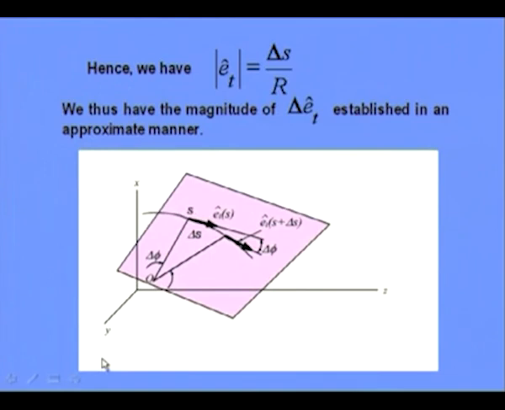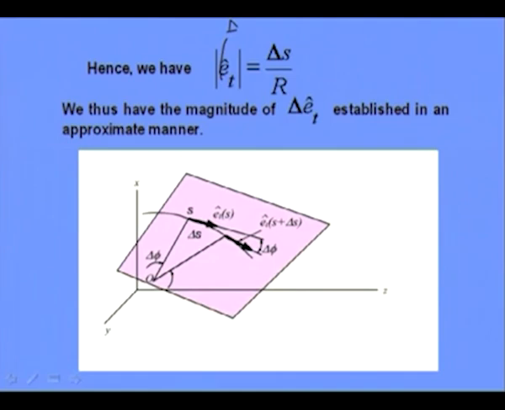We thus have the magnitude of delta ET established in an approximate manner.